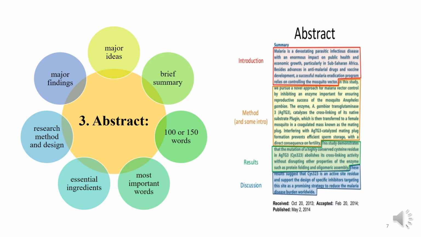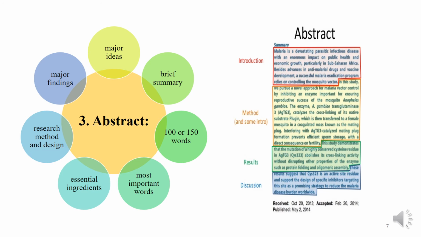Now we are going to talk about the abstract. An abstract is a condensation of major ideas. It should include a brief summary of the key points of the report. It is usually limited to 100 or 115 words. The abstract should contain the most important words referring to the method and content of the work.